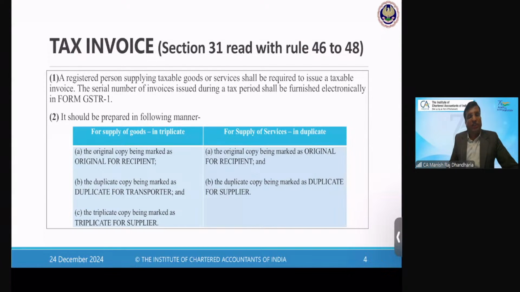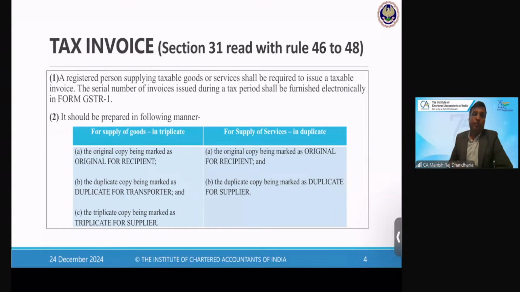The duplicate will be given to the transporter, as the goods have to be transported, so the transporter will carry the second invoice. And the third copy, the triplicate, will be retained by the supplier. So there have to be 3 copies.